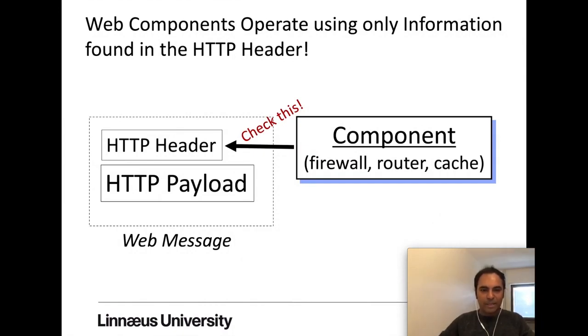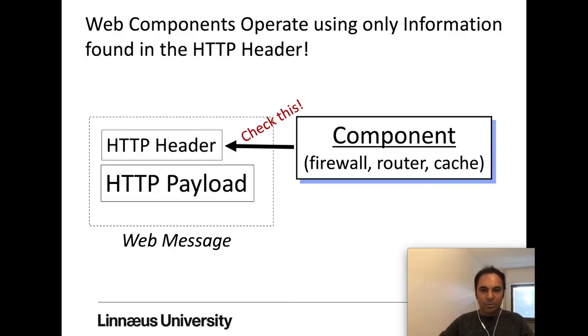The web message is composed of two parts, mainly the header and the payload. The HTTP header contains the metadata, and the payload contains the actual message or the body of the message.